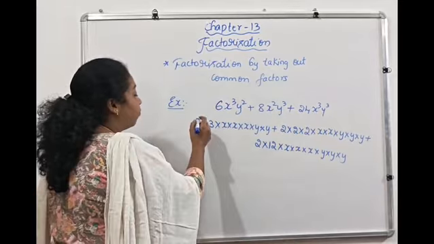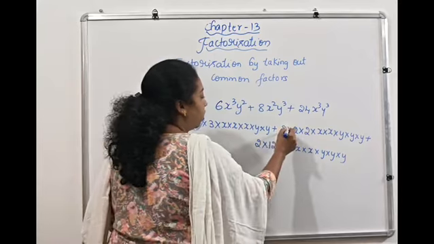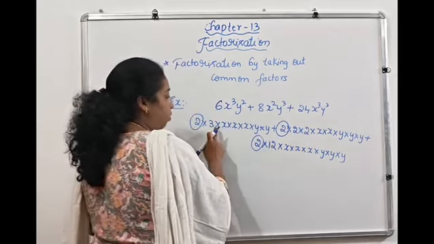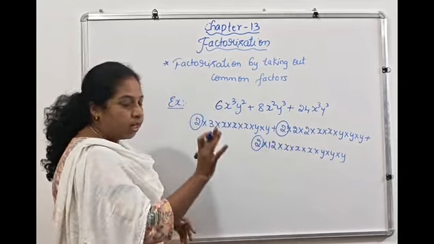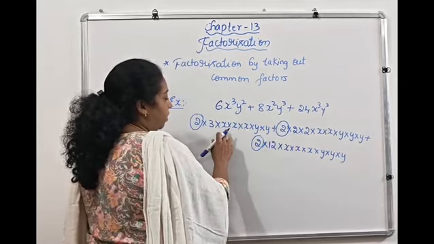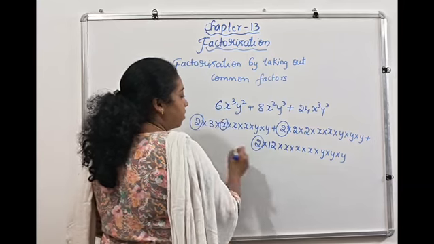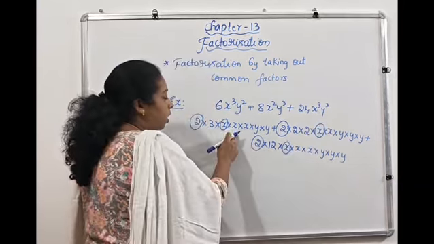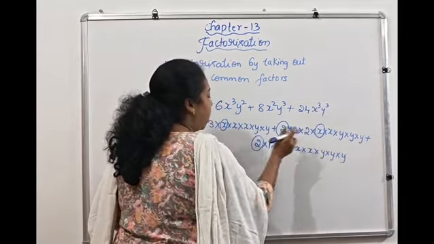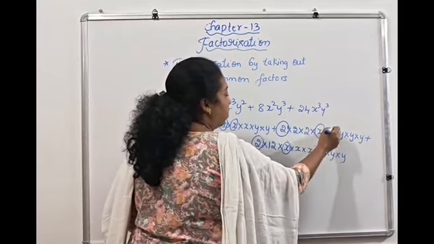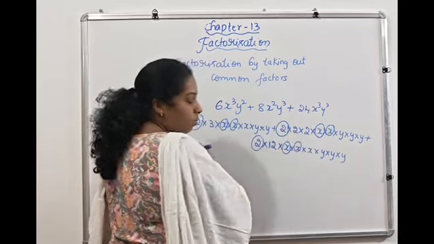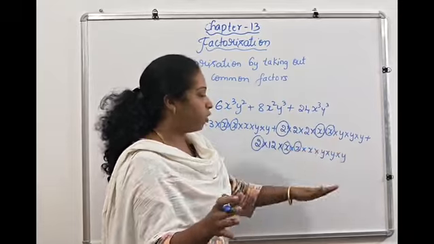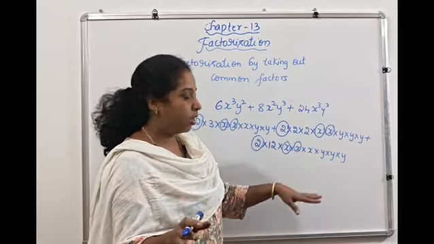So 2 is common in 2 and 2, 3 is not common. Then x: one time x here, one time here, another time here, 2 times of x. Then any other x here we will not find. We should not go for checking here.